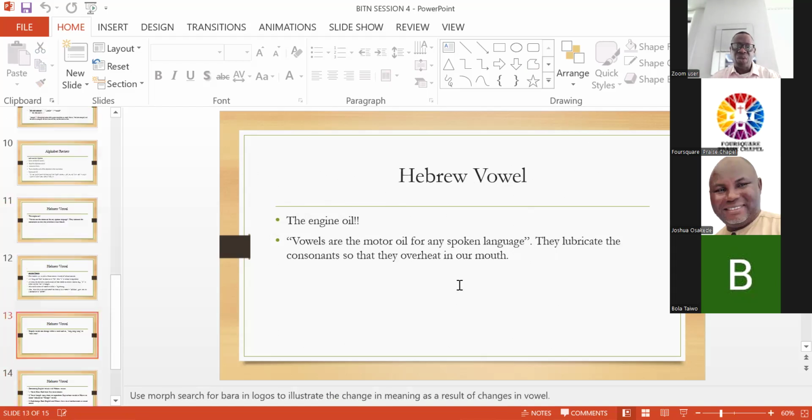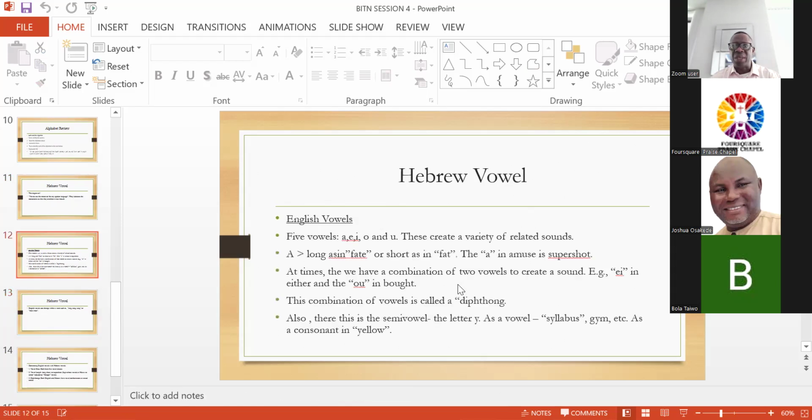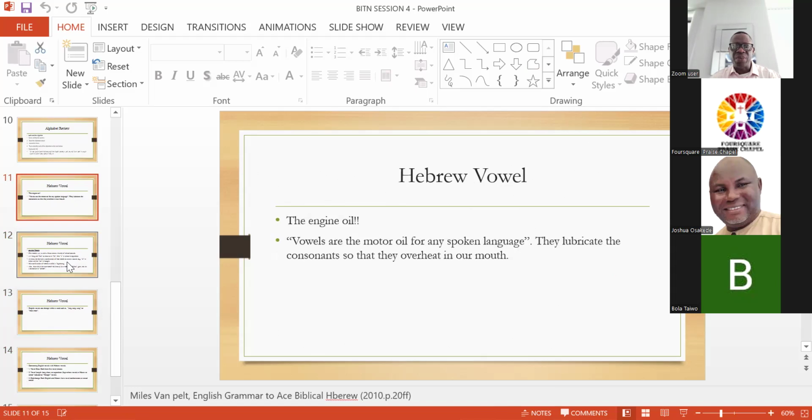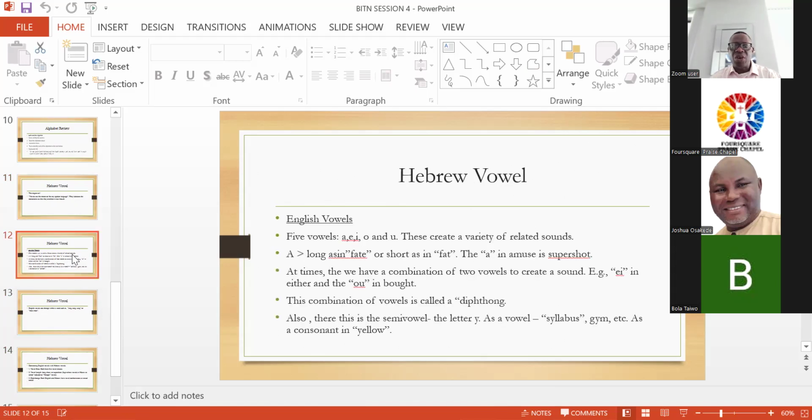That's going to be a little bit challenging. Now, connecting English vowels. So no, we jumped ahead of ourselves. Okay, let's look at English vowels, and then we will link that up with the Hebrew vowels later on, okay?